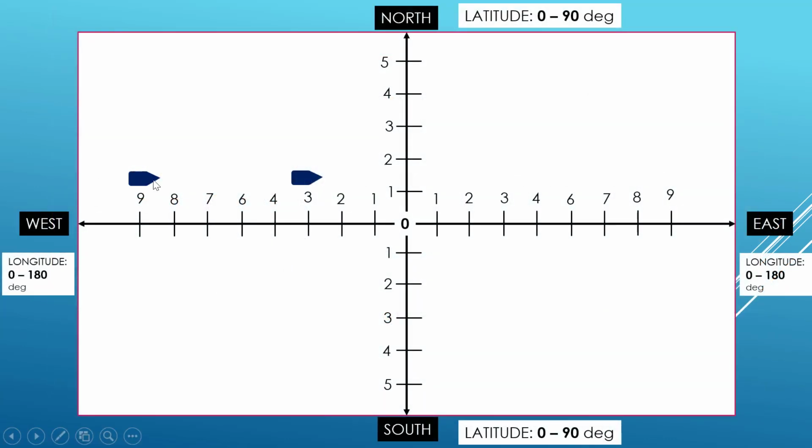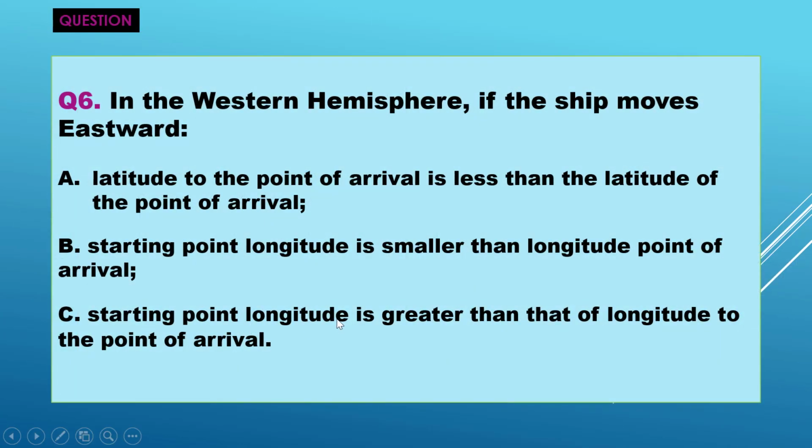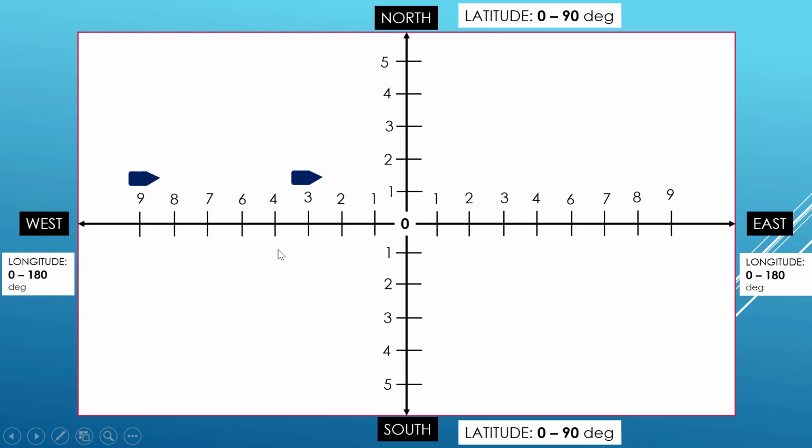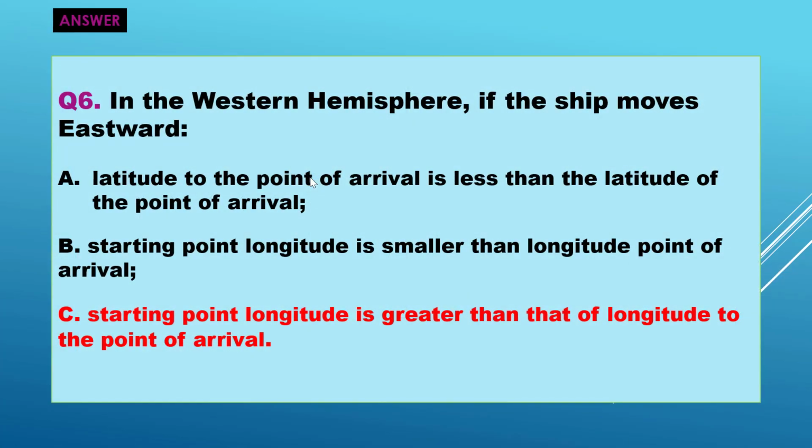Starting point longitude is actually greater than the longitude of arrival point. So C, starting point longitude is greater than that of longitude to the point of arrival, which is very true. That makes C the correct answer.